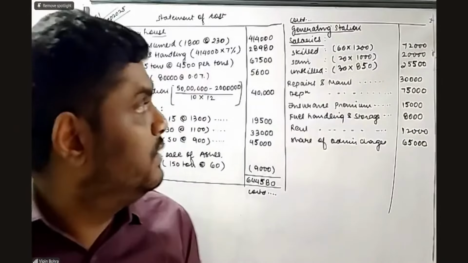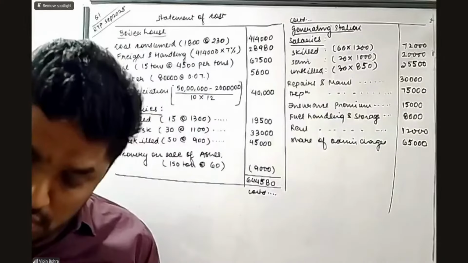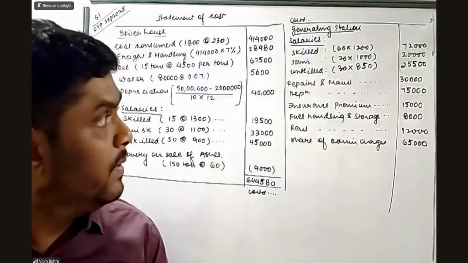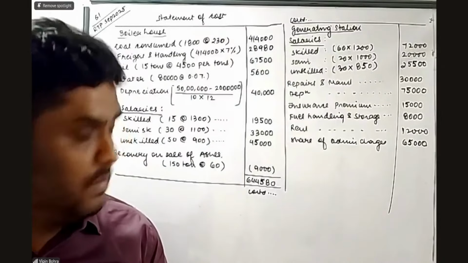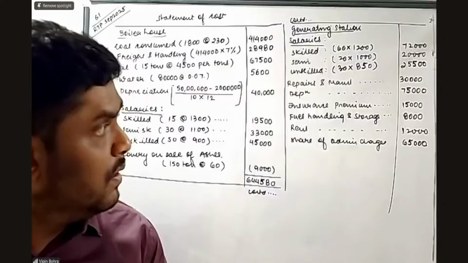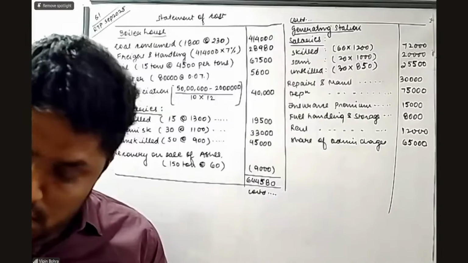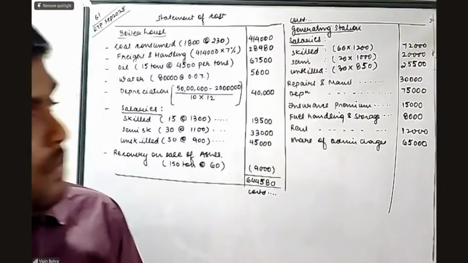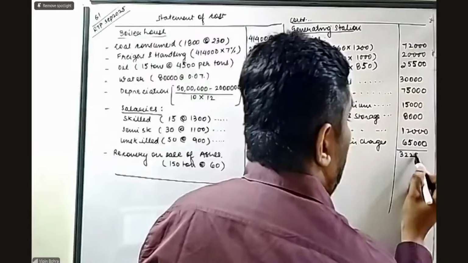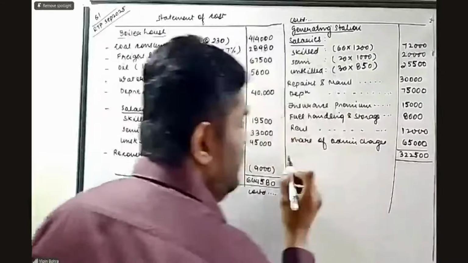So let's calculate the total cost. Now, apart from this, we have procured electricity from the grid.